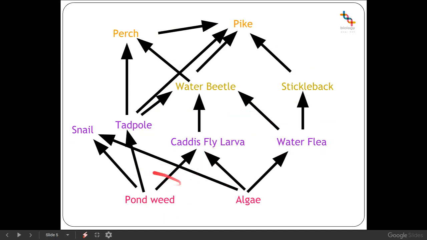So the pike is still able to benefit from some energy created by the pondweed, because that's being passed on to the tadpole, it's been passed on to the perch, which is then passed on to the pike. So even the smallest of organisms, which may not be directly involved with this one, is still important to the survival of the pike.